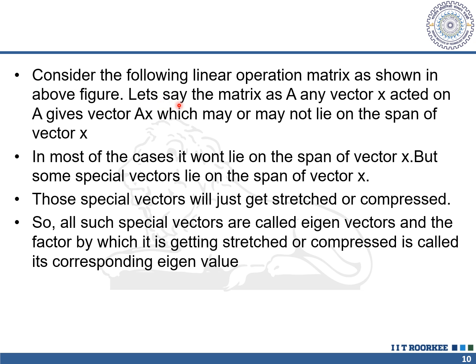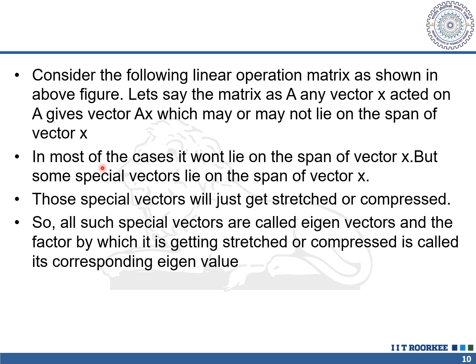So consider the following linear operation matrix [3 0; 1 2] as shown in the figure. Let's say the matrix is A, and any vector x acted upon by A gives the vector Ax as output, which may or may not lie in the span of vector x. The span of vector x means the line passing through the origin and the vector.